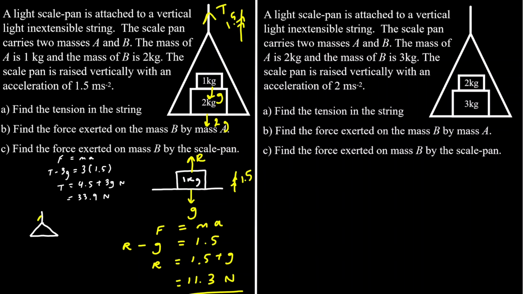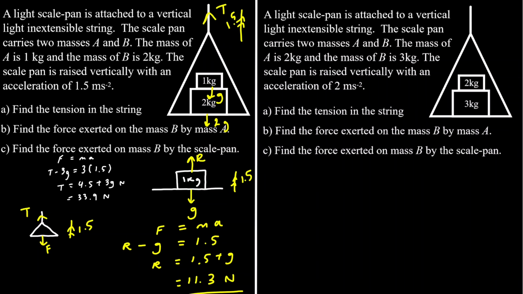we've got a force T going up, and then we've got some force, probably shouldn't use F, some force acting down, which is the force exerted on the scale pan by B, and it's accelerating up at 1.5 meters per second squared.